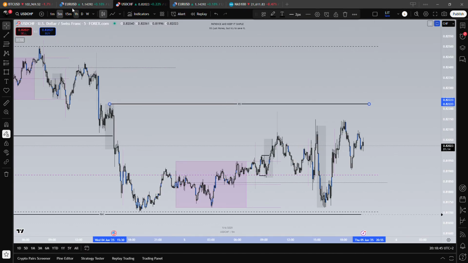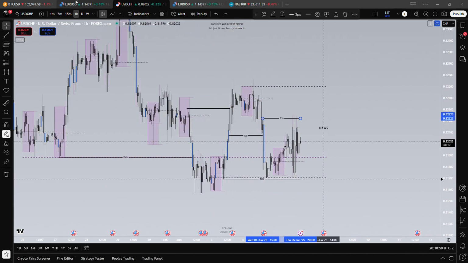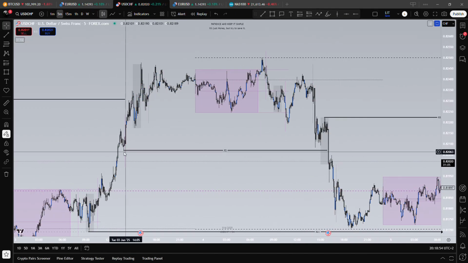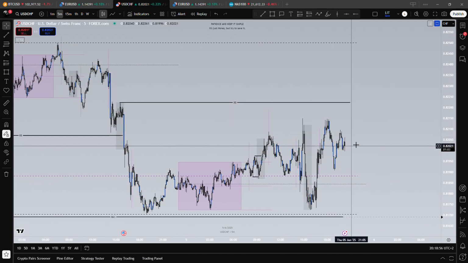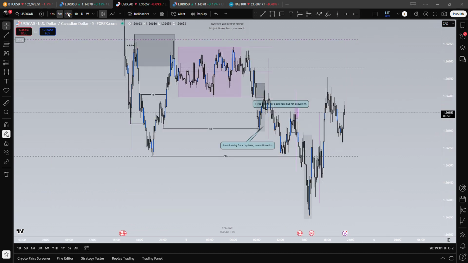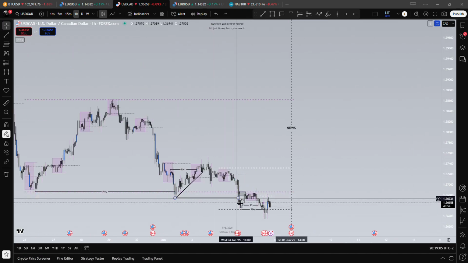First we could take this high and then this low, as this is the run liquidity that took this run liquidity here. So I can expect something like this.